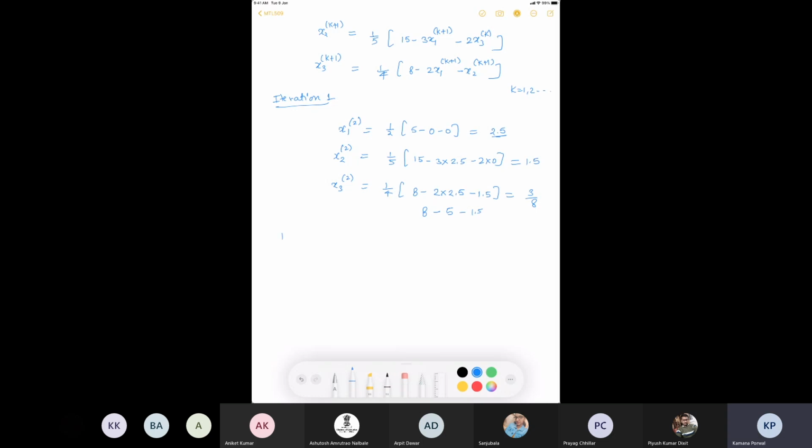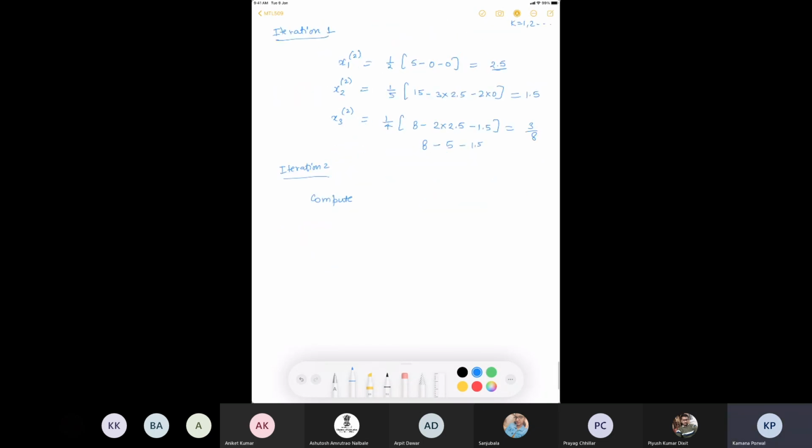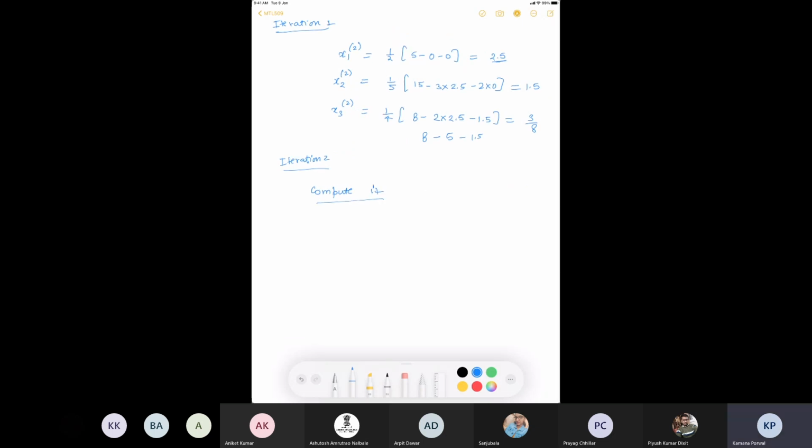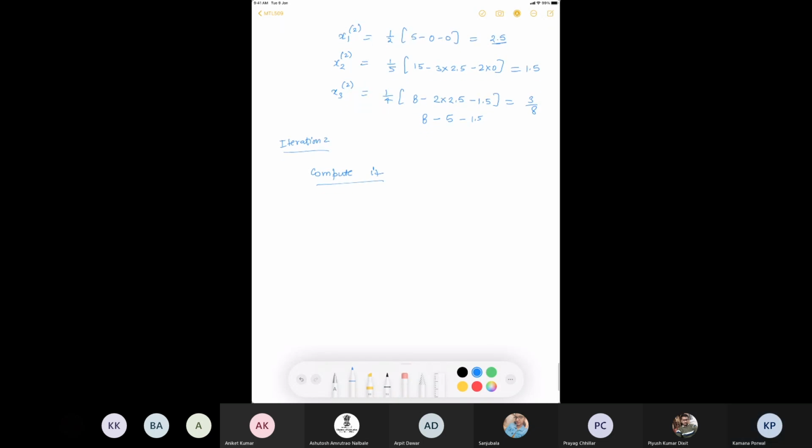Okay, so now you can find other iterations as well. I'm just leaving this for you to work out. And as before, you can stop when you get the desired accuracy. So we can continue until we get the desired accuracy.